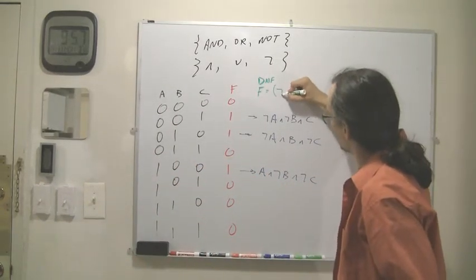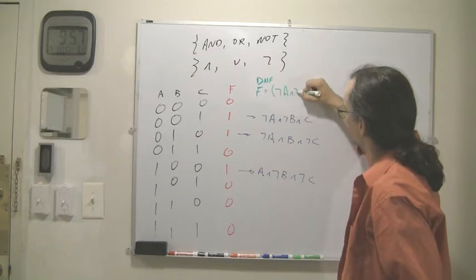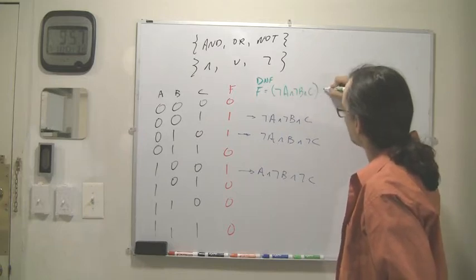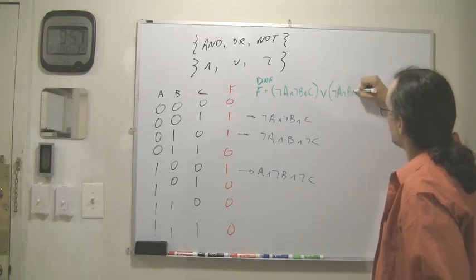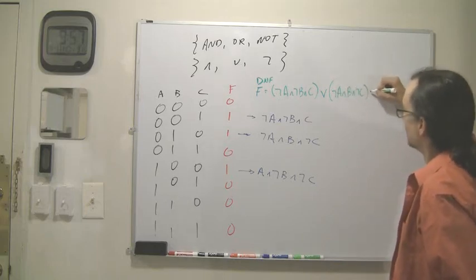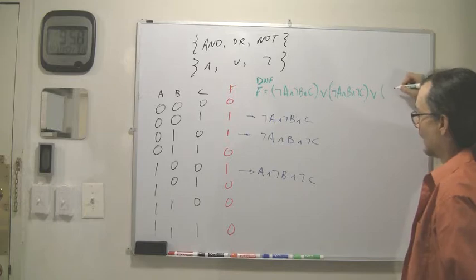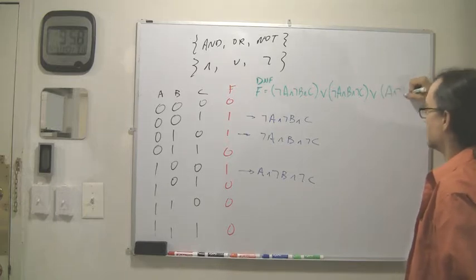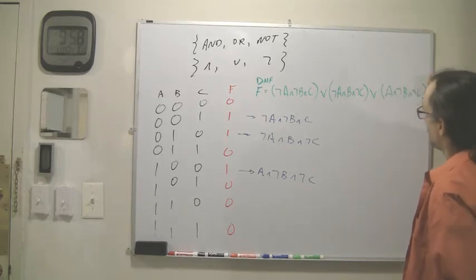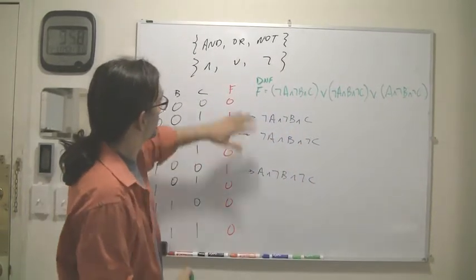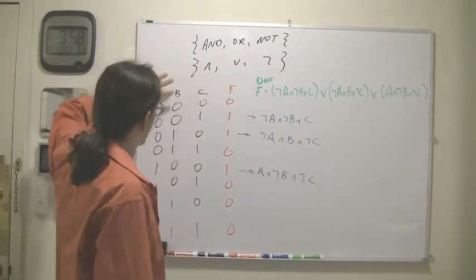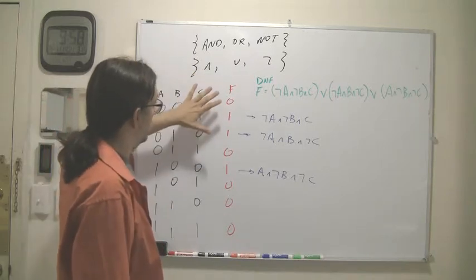So we have something like this: not A and not B and C, or not A and B and not C, or A and not B and not C. So this is a DNF expression for this function f.